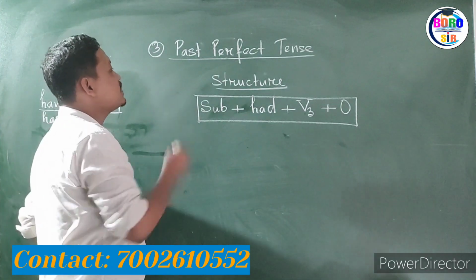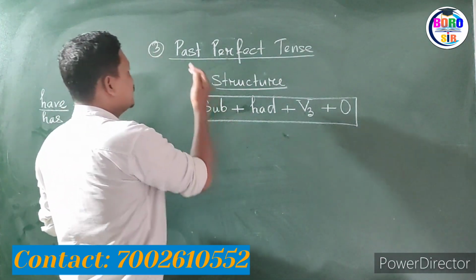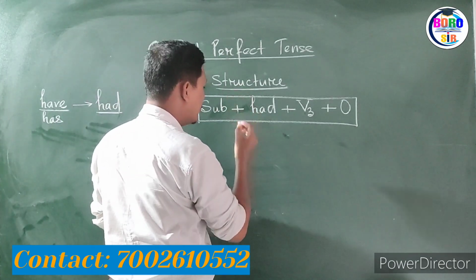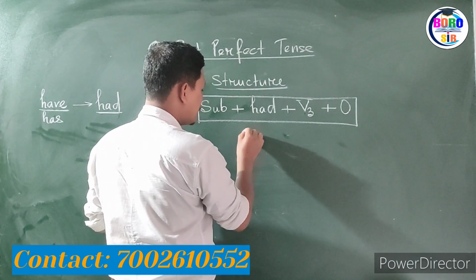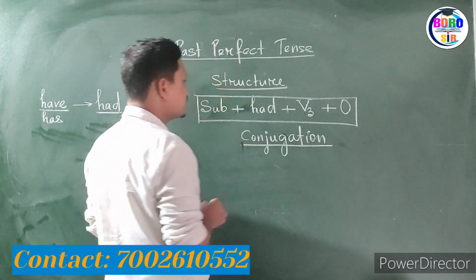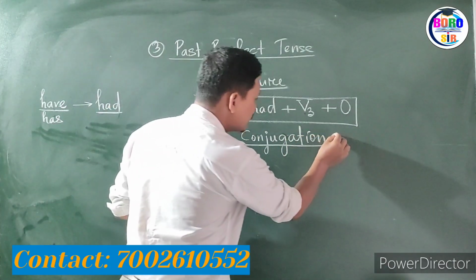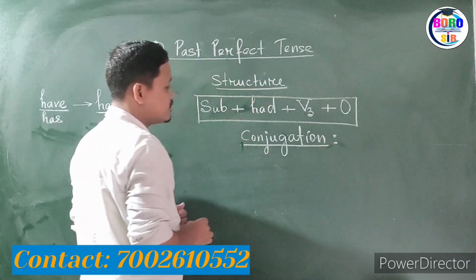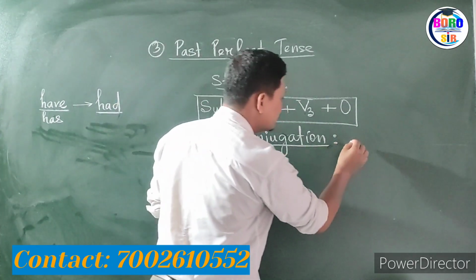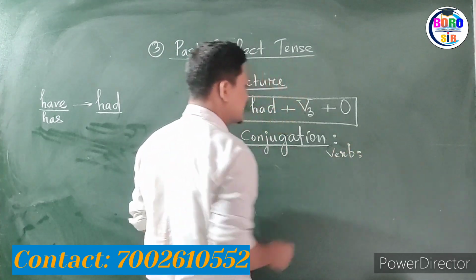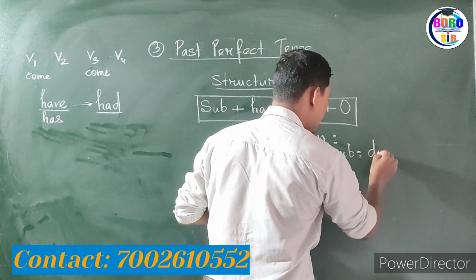Now we will learn the construction of the past perfect tense by taking a verb. In order to do that, we are going to write the conjugation for this tense. So we are going to take a main verb. David, what should I take here? Let us take the main verb do.